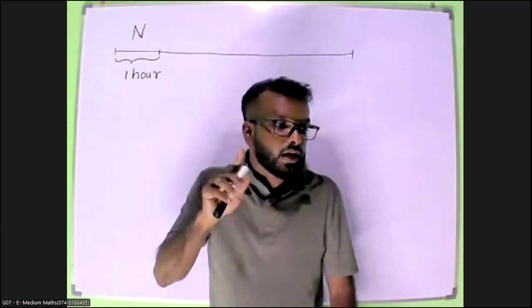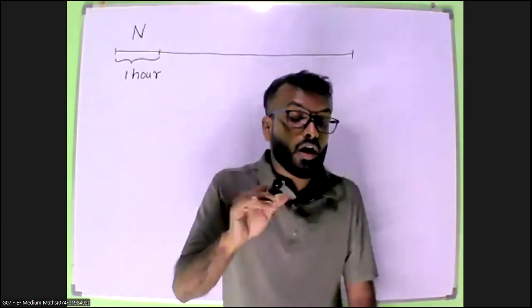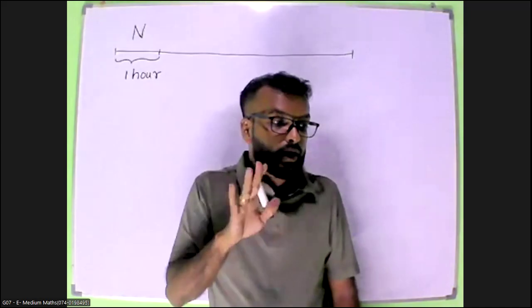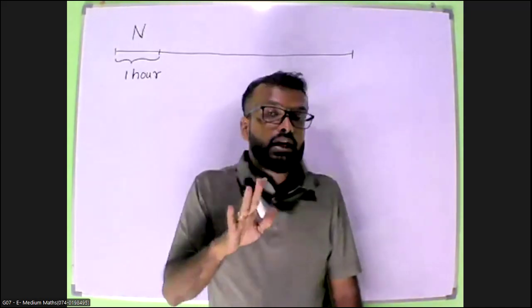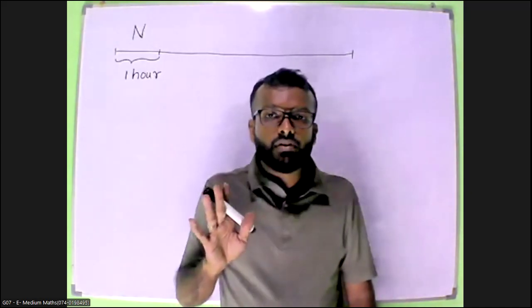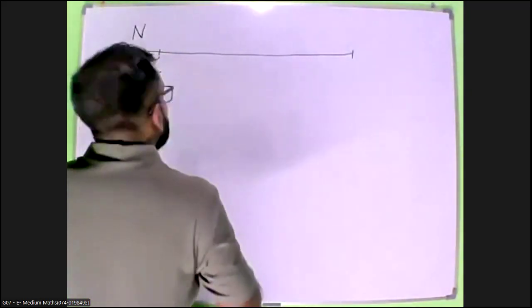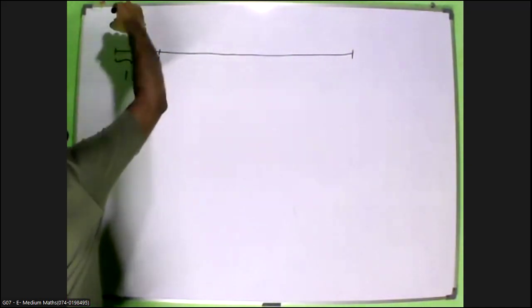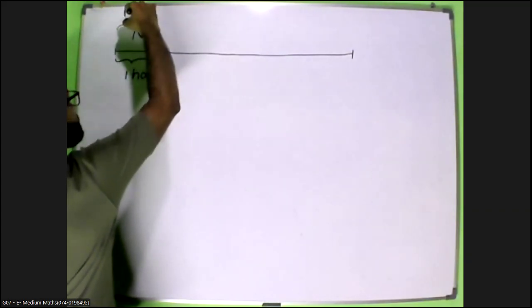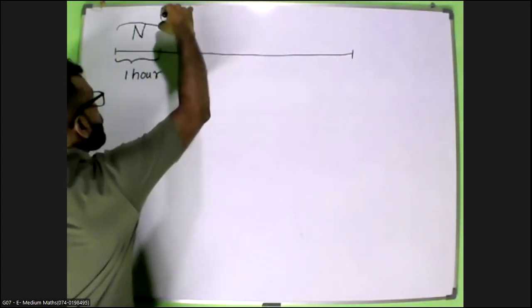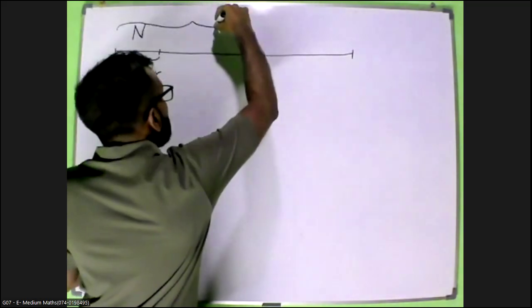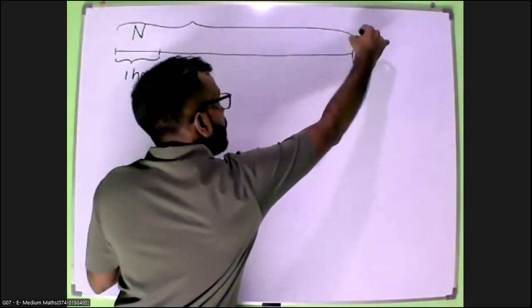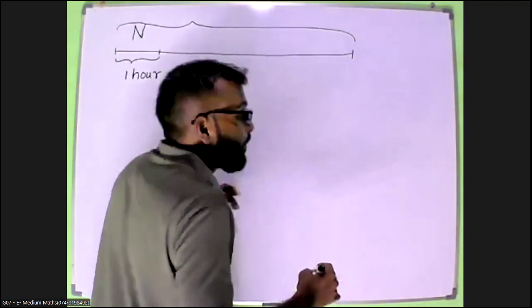If capital T packets are produced in small t hours, that means the total number of packets from here to here is capital T packets.